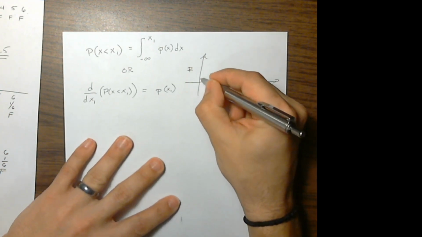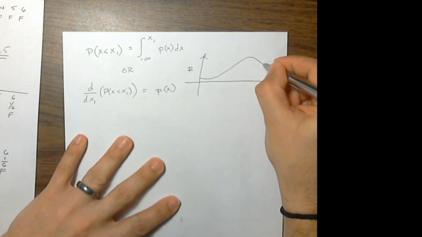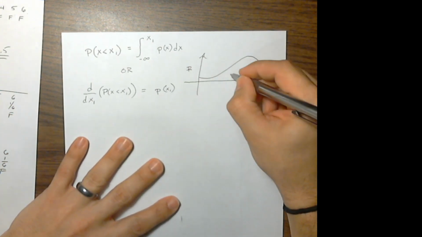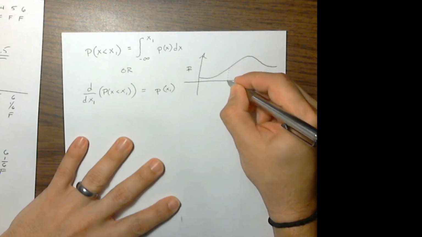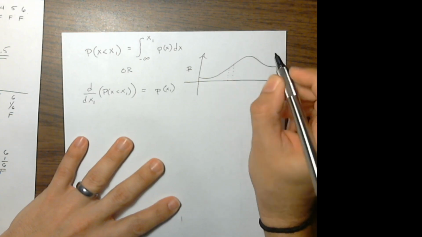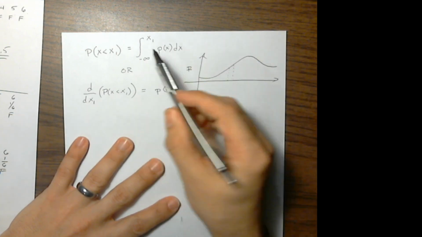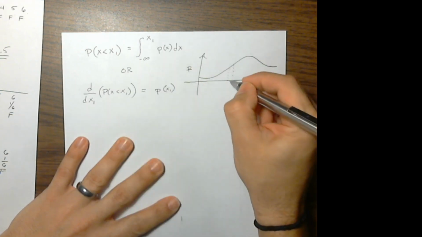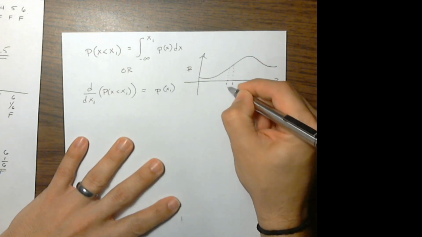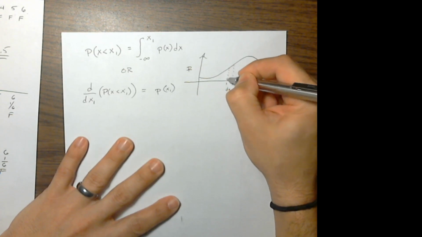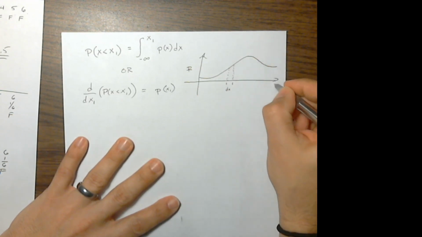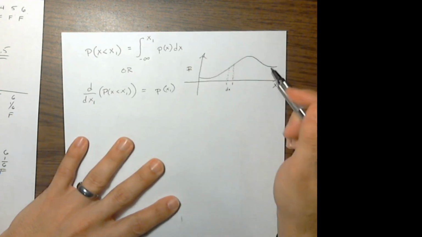So in other words, if I imagine a probability density function, this is probability per little dx that I include in my region here. The probability per x that I include.